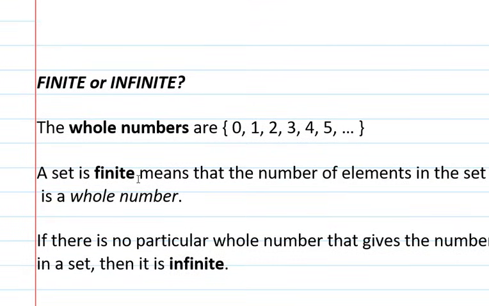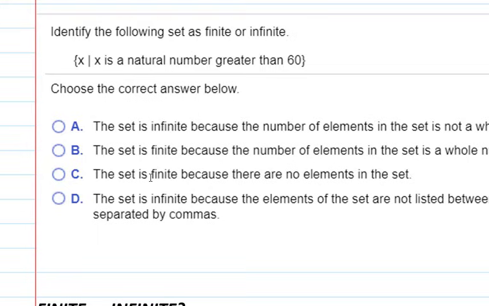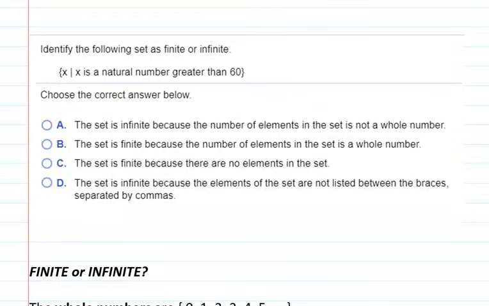So in your homework, if you're one of my students, you might see something like this in your MyLabs. Identify the following set as finite or infinite. And we're told that the set is the set of all x such that x is a natural number greater than 60. The natural numbers, by the way, are the numbers 1, 2, 3, 4, and so on. They're also known as the counting numbers.